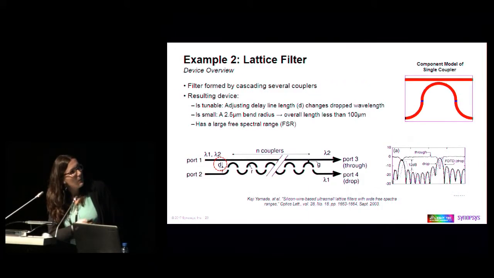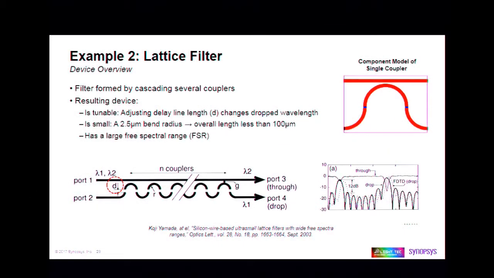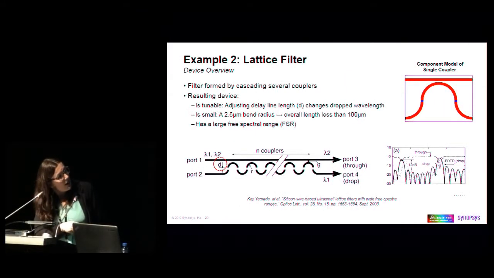Okay, but let's come back to another example of custom PDK. In that case, we are designing our own couplers. With this type of coupler, we are able to adjust the distance here, the blue part of the segment inside the couplers, to change the wavelengths filtered by the coupler, and it's pretty small, with a 2.5 micron bend radius.